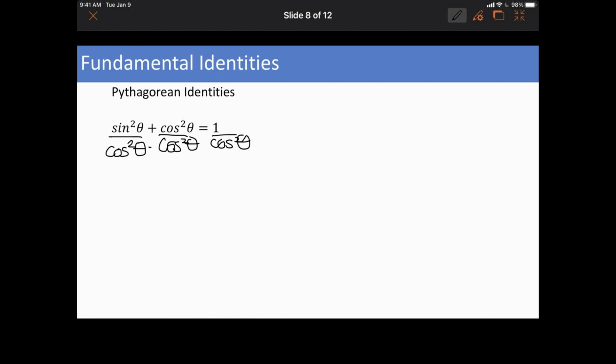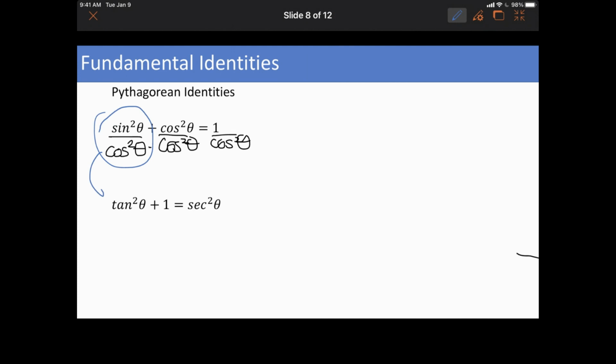Well, what does it equal? Sine squared over cosine squared equals tangent. That is our quotient identity, right?